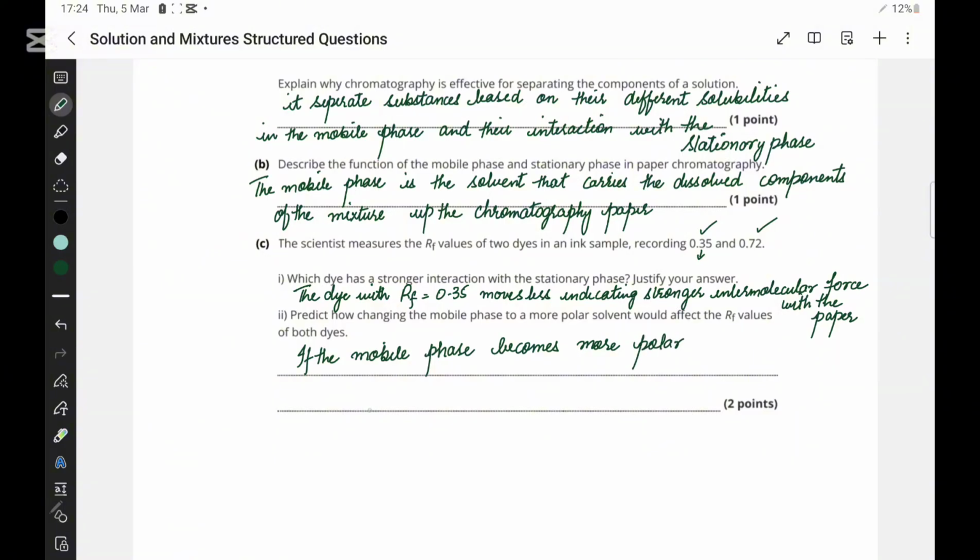The more polar dye is here the one with an RF value of 0.72, and that will increase.